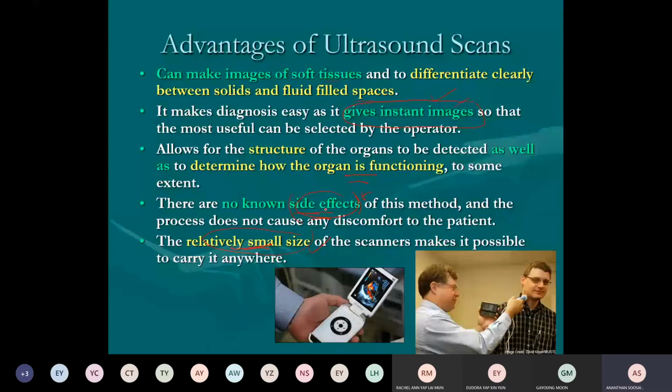Second, radiation, lots of side effects. Not small. The X-ray machine is quite big. You need a room to have an X-ray machine, and you can't bring it into the ambulance because of the radiation. The surface of the ambulance would need to be coated with lead, so it's not practical.